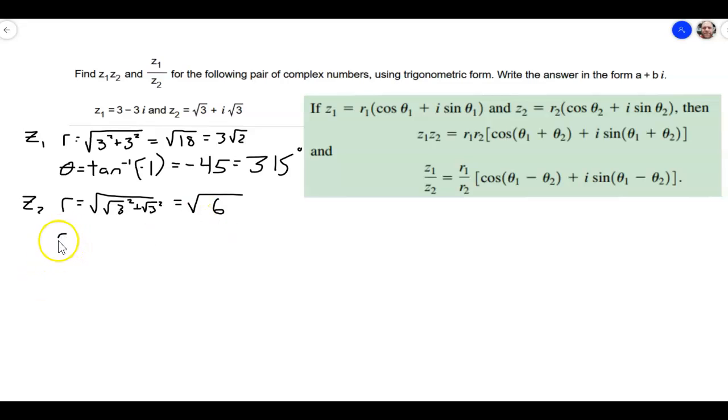And then for our theta, this is in our first quadrant here because we're going to the right and then going up. Theta is going to be the inverse tangent of square root of 3 over the square root of 3, which is just 1. That's just going to be a positive 45 degrees, and that's already in standard form for us, so we don't really need to do anything.